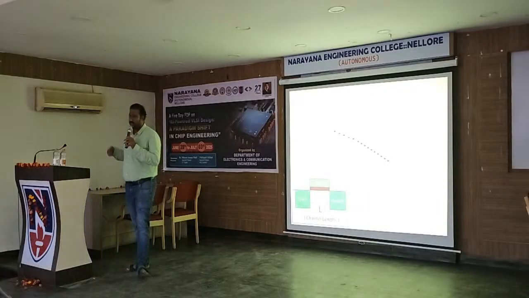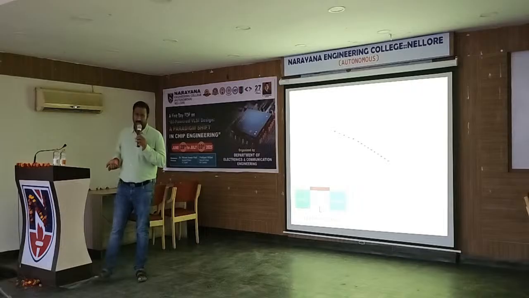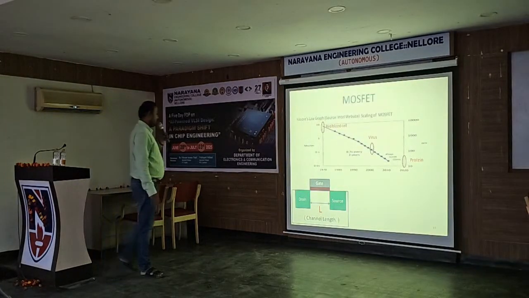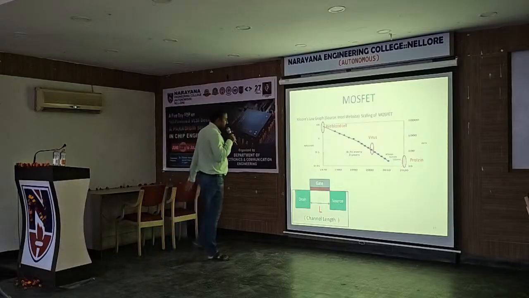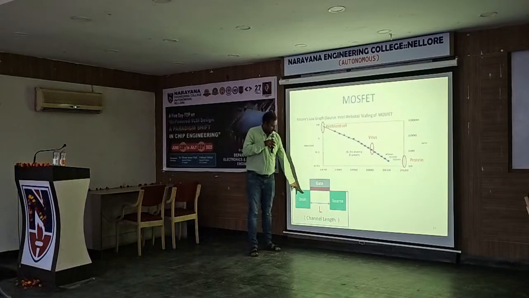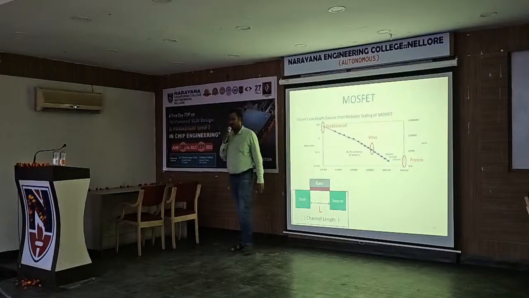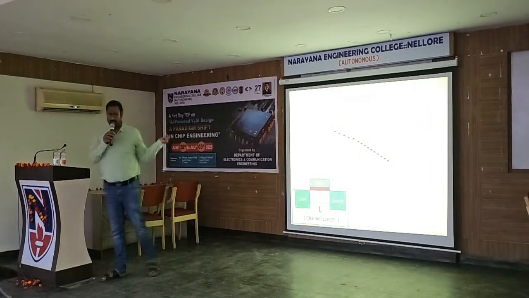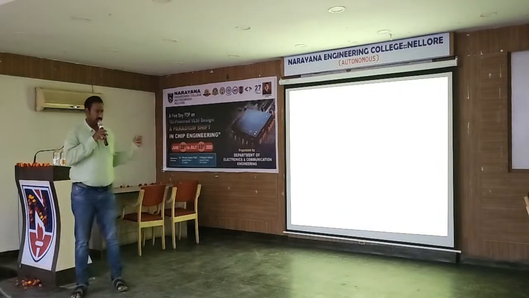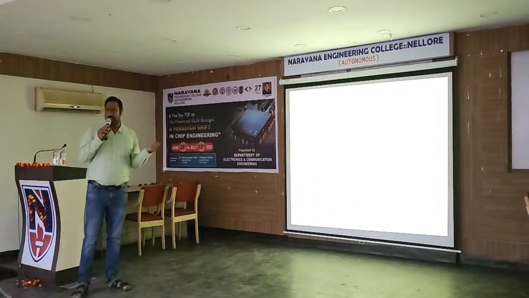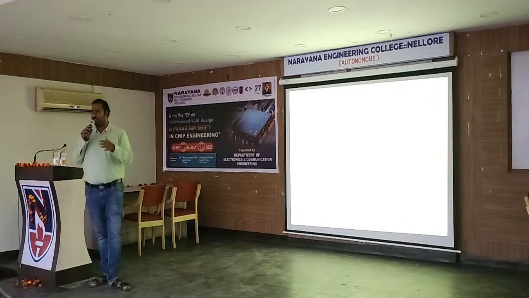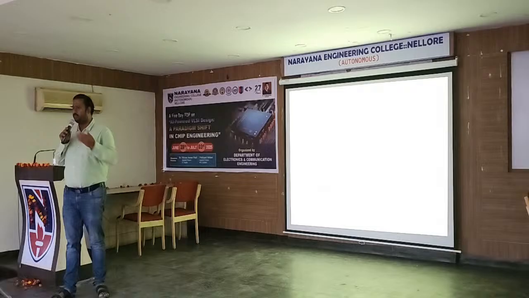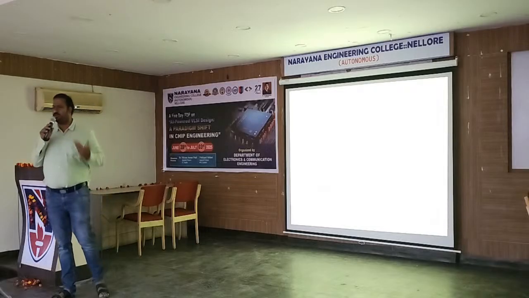When MOSFET was introduced, what happened is, and you see here, this is the MOSFET. The L is the channel. And what is this circuit? I have read a paper on reducing the channel length. The biggest problem using BJT is the threshold voltage. You cannot change your BJT threshold voltage.